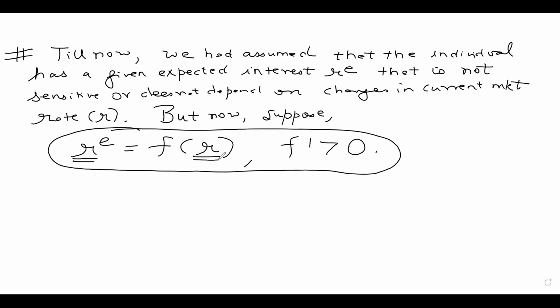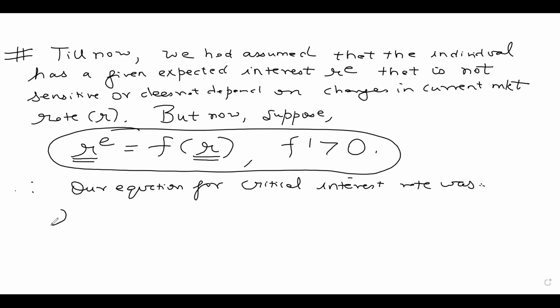Now you can clearly see what my critical rate is. So I can say our equation for the critical interest rate was RC equal to RE upon 1 plus RE.